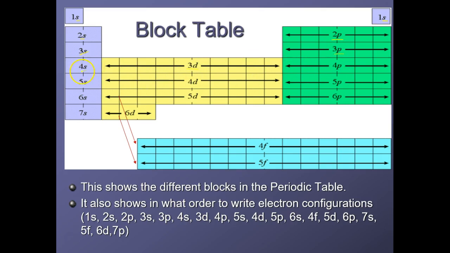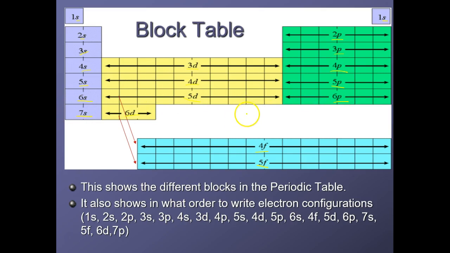Okay, 4: 4S, 4F, 4D, and 4P. Then you see it's 5: 5S, 5F, 5D, 5P. Then you go back to 6: 6S, 6D, 6P, and then 7S.